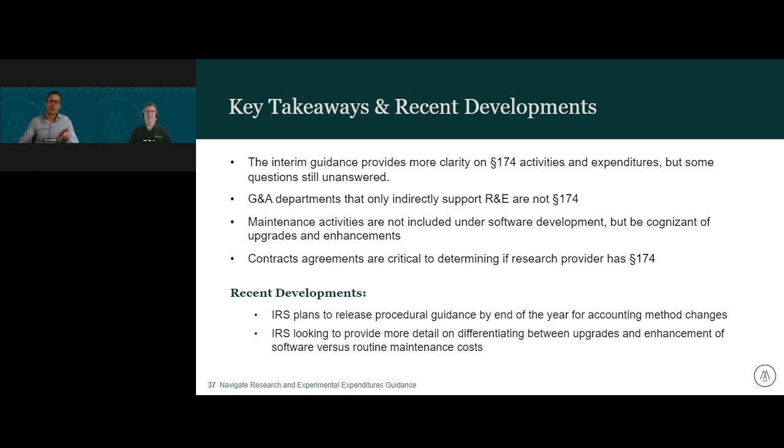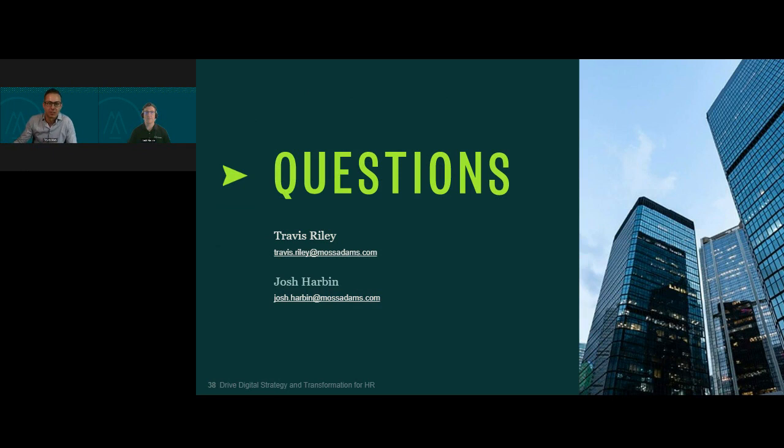The IRS also plans to release procedural guidance by the end of the year for accounting method changes. And finally, they're looking to provide more detail on how to differentiate between upgrades and enhancements of software versus routine maintenance costs. With that, this concludes our portion of the presentation. Thanks for joining us today, and back over to Chad for some final comments.